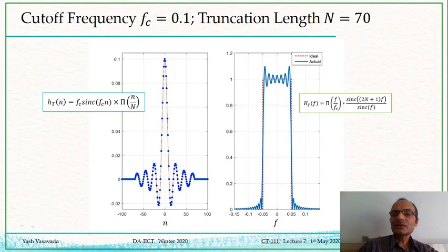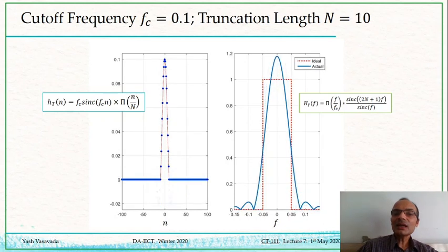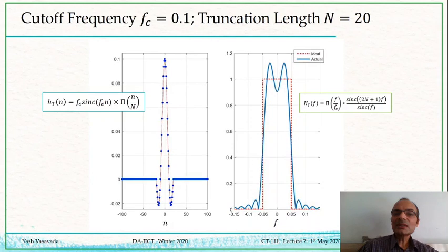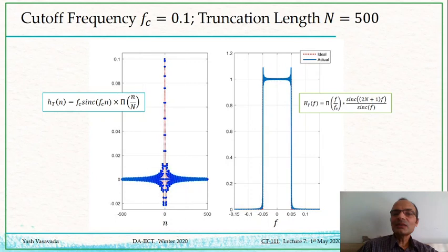So as I keep on playing this example, making N bigger and bigger, you see that I'm getting a shape which looks a lot like the ideal rectangular shape, except the ripples are refusing to go away. What you will see is that the relative height of the ripples remains about the same with 100 samples, with 500 samples.